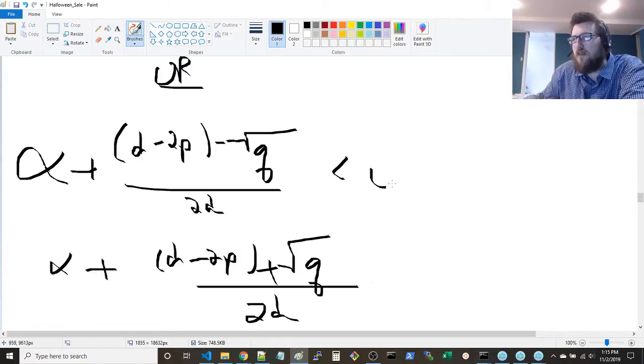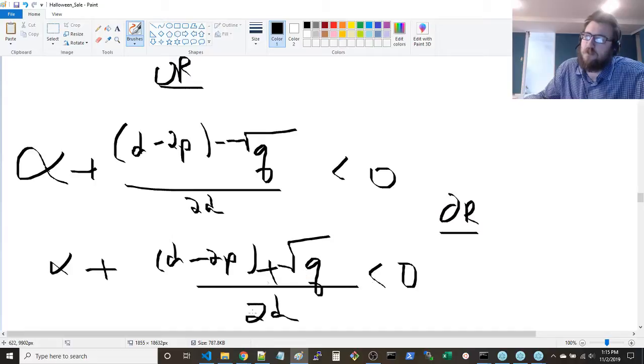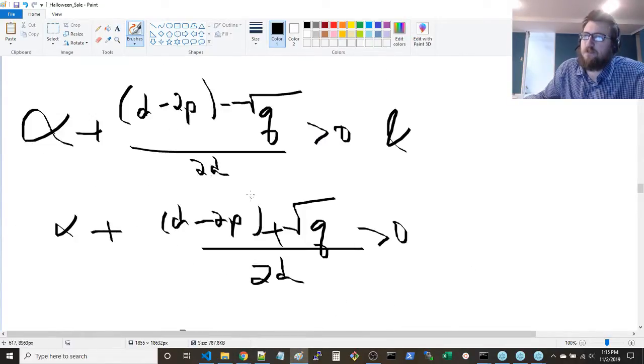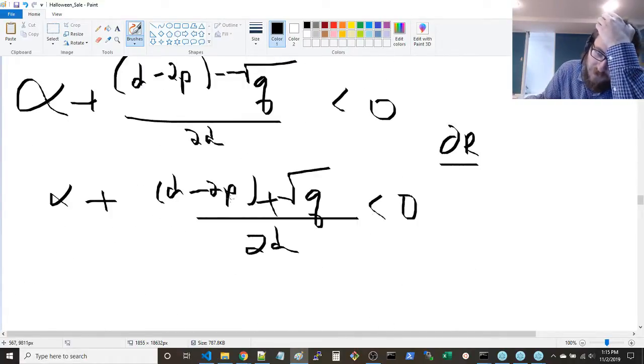Okay. That's what we're looking at here. That's what we're dealing with. So either both of these expressions are greater than 0 or both of these expressions are less than 0.